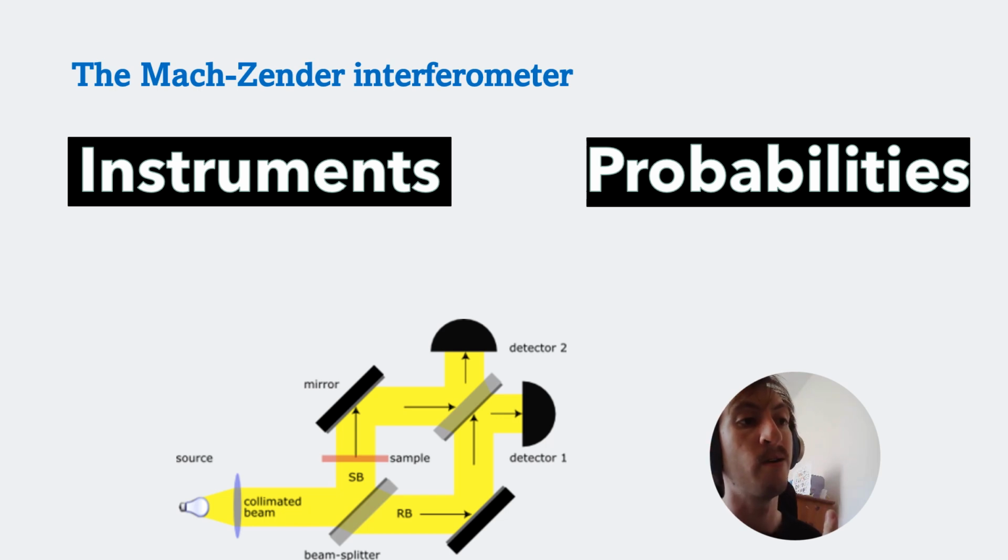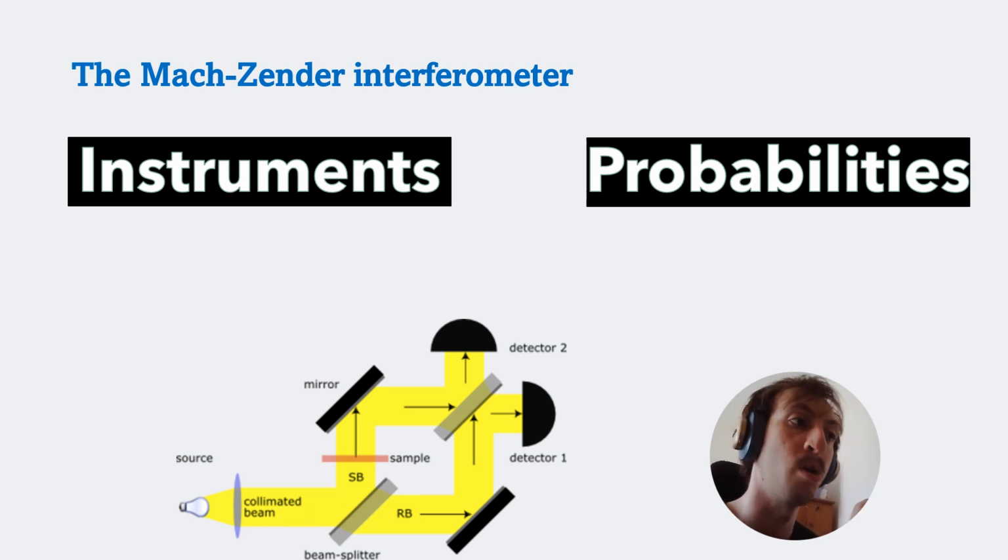Similarly, if we look at the other path, the other classical state, when our photon encounters the first beam splitter, it is deflected 90 degrees and it travels through our sample. So for this classical state, the photon does encounter the sample, in the other one it didn't.